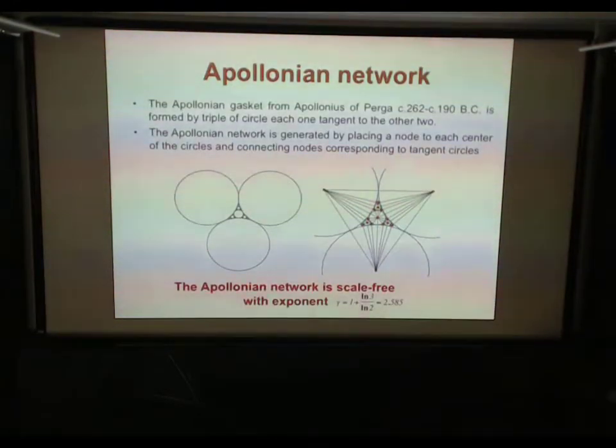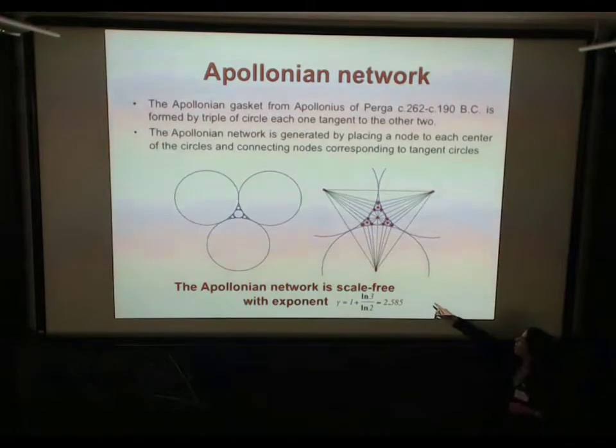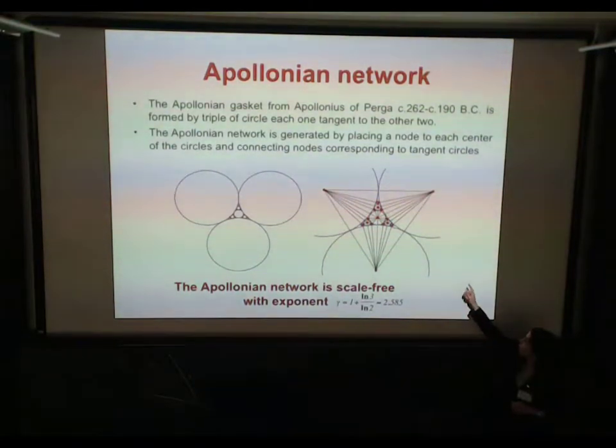So this comes from having a triangle, and these Apollonian networks we construct like this from Apollonian packing, where these Apollonian packings are constructed by tangent circles or spheres, and we put a node at the center of the circle, and we put a link if the two circles are tangent to each other.